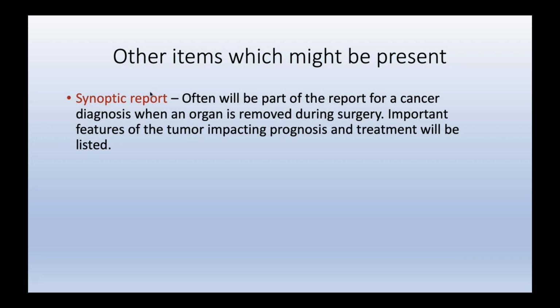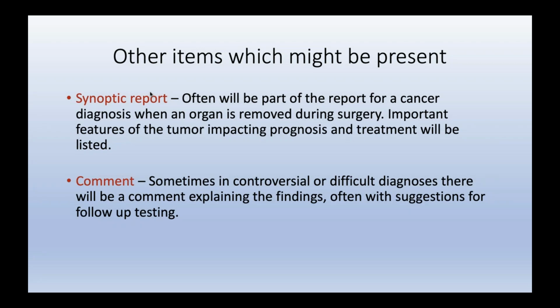They may include what's called a synoptic report, and that is a listing of all of those elements I went through, such as lymph node status, whether there's lymphatic invasion, estrogen status, the grade of the tumor, the type of tumor. All of those are required to be in the report. You should look for them. And there's oftentimes a comment section where pathologists may discuss a difficult case or some nuances about the case, why they diagnosed something the way they did.